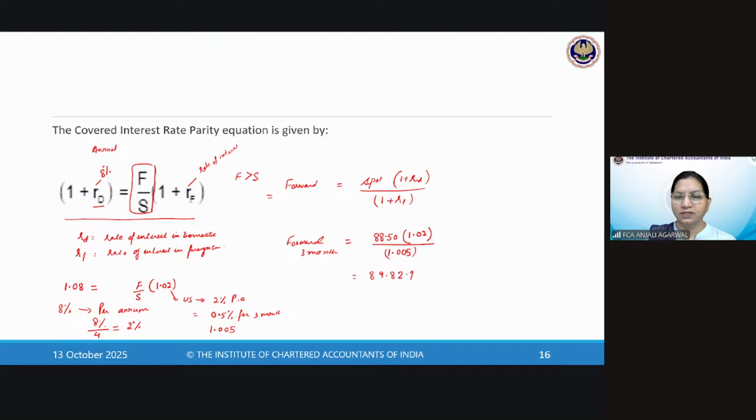Students, you will remember to calculate your answers up to 4 decimal points until and unless it is specifically mentioned otherwise. So it's 89.8209. You can see 89.8209 is greater than 88.50, indicating that US currency is at premium.